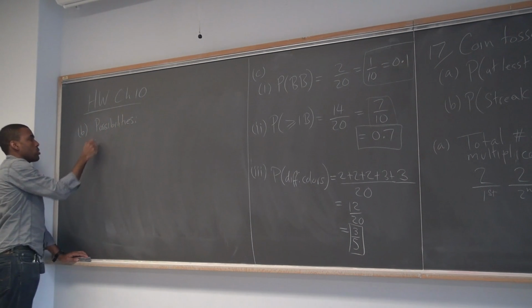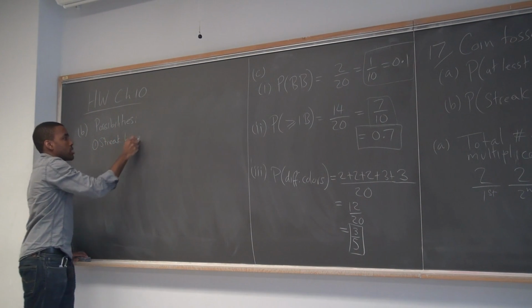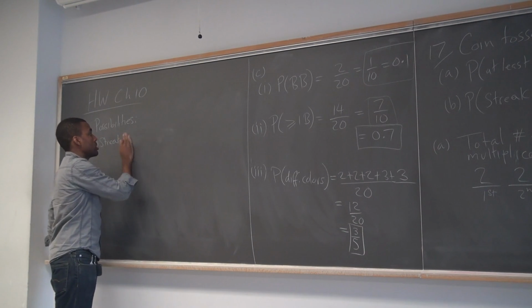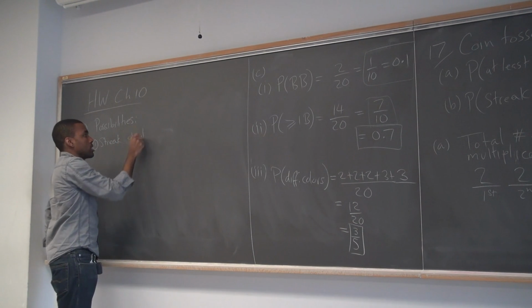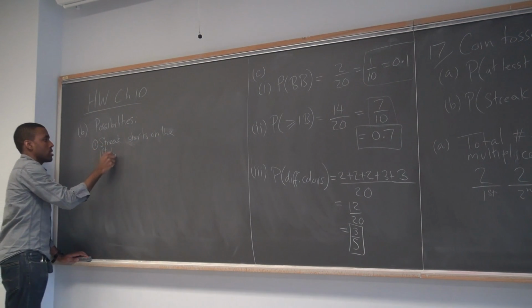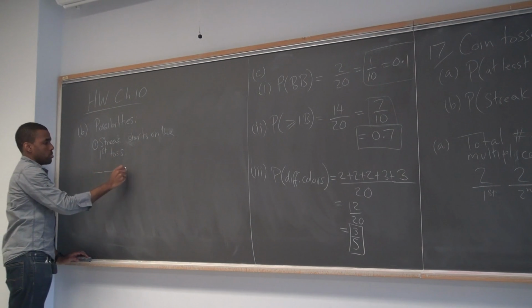Right, so there was one where the streak happens, well, it starts, I should say, on the first toss. Right, so how many ways can that happen? 1, 2, 3.